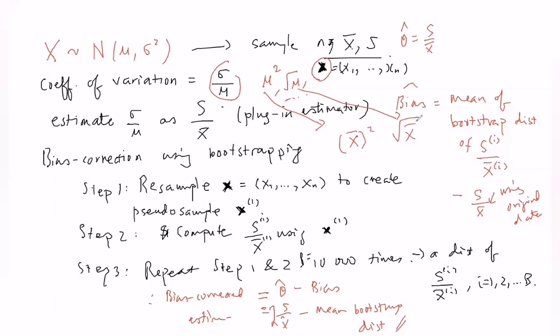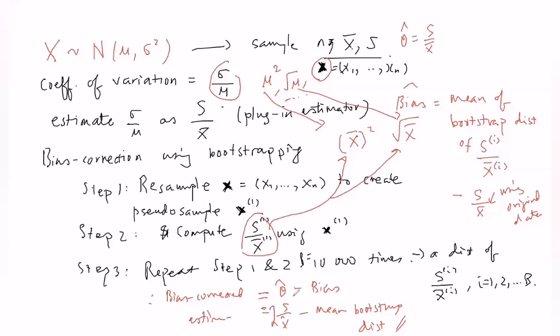They are all biased, so you can correct the bias using bootstrapping by repeating this procedure, just replacing this statistic with whatever you want to estimate. The whole procedure is the same except that you replace the statistic of interest.